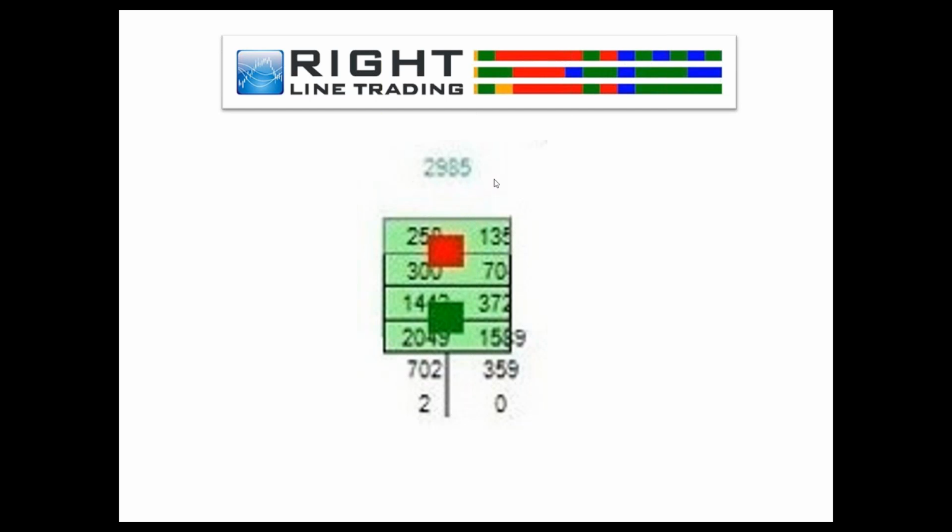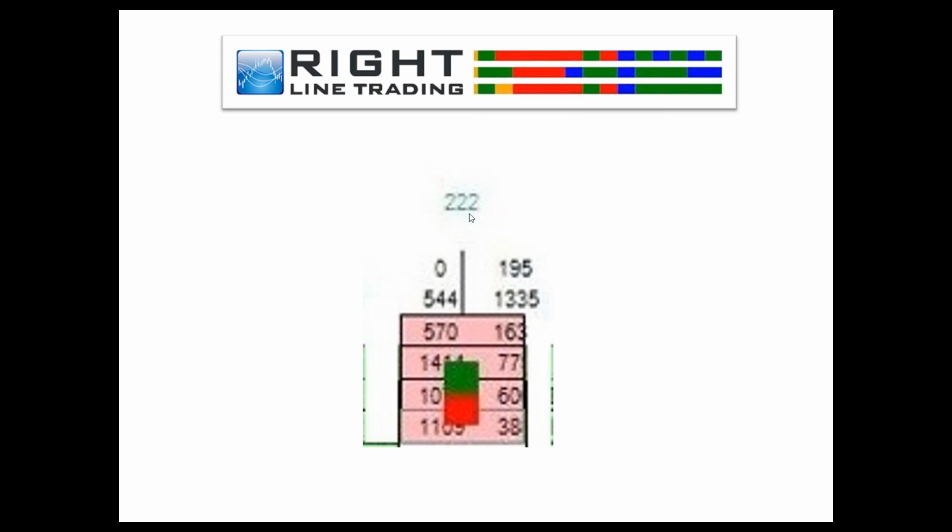Now, there was some nonsense about unfinished auctions and stacked. These are stacked sellers and these are stacked buyers. That's never going to get you where you want to be. And I'm going to show you why that's not going to work. And here's the reason. This is a positive market delta. That's 222, and it shows that there are a preponderance of buyers, but the candle closes to the downside.